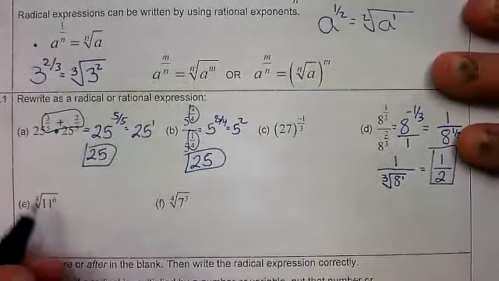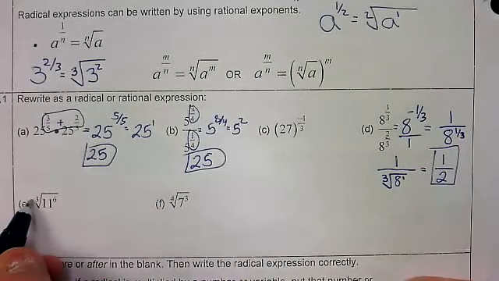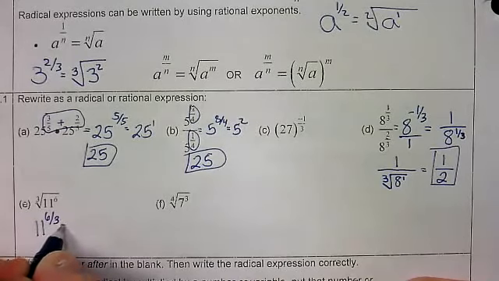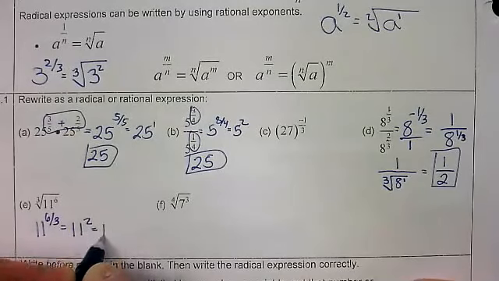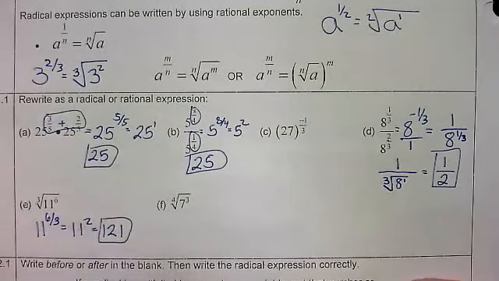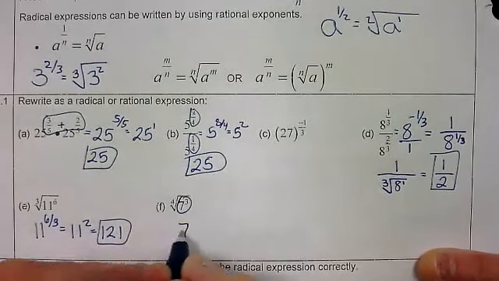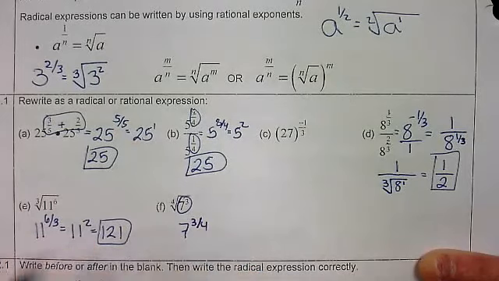So 11 to the 6 and it's the cubed root of that. So we're going to take 11 to the 6th, and it's the cubed root of that, which gives us 11 squared, which is actually 121. Now this is going to stay together. So 7 to the 3rd divided by 4.